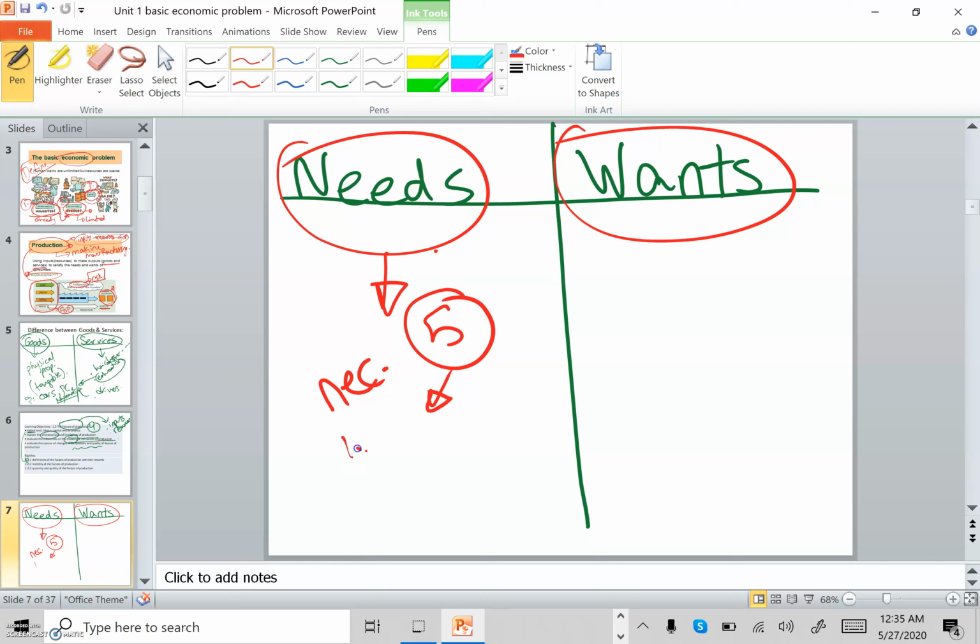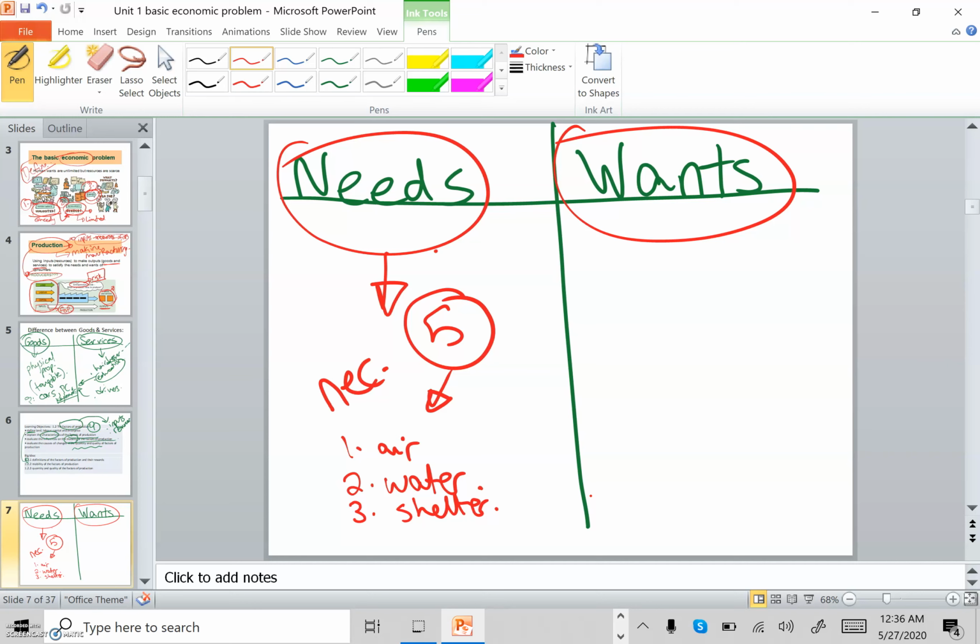The first one would be air. We need air in order to breathe. Second one would be water. I need to drink. The third one would be shelter. Now, shelter, I'm not talking about a mansion or a villa or a castle. I need a roof to protect me from the heat, to protect me from the rain. So no matter how big or small, I need something to protect me.